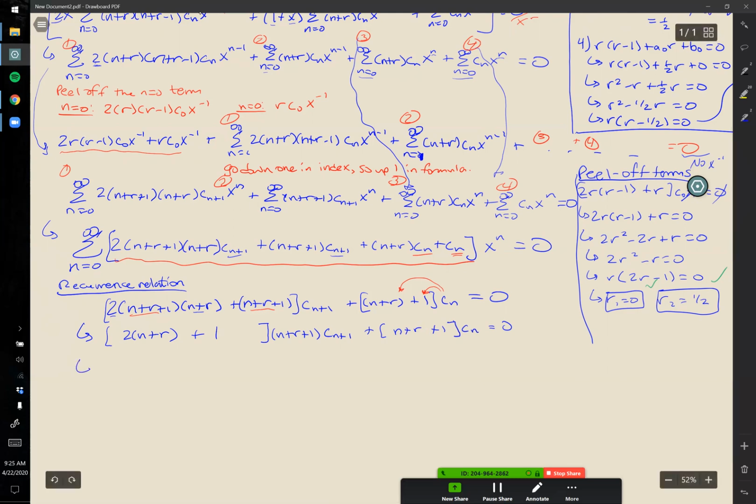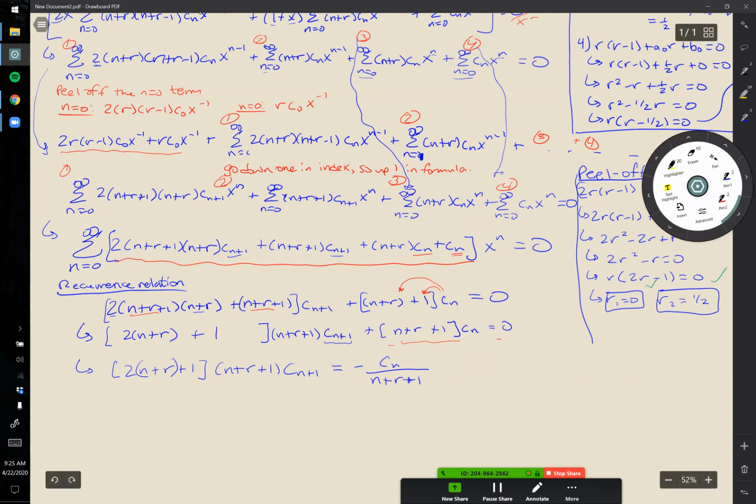All right, so let's go ahead and solve for this thing right there. That means I'm going to subtract this thing from both sides. And what will we get? So we get 2n plus r plus 1 times n plus r plus 1, Cn plus 1 equals negative Cn over n plus r plus 1, like that.